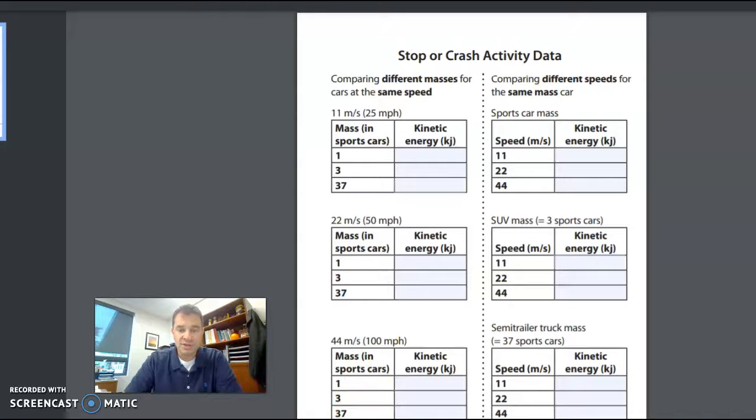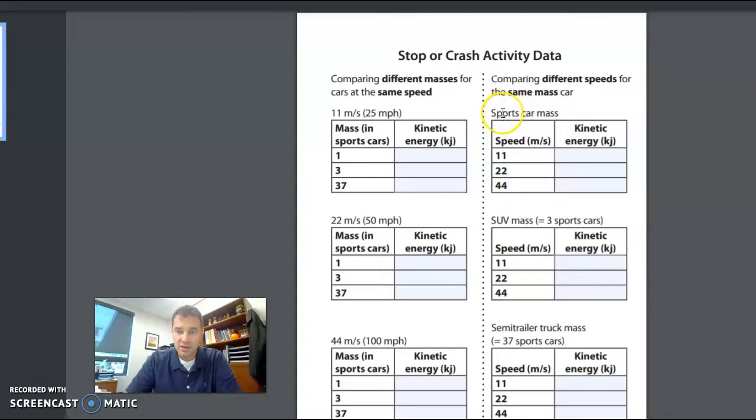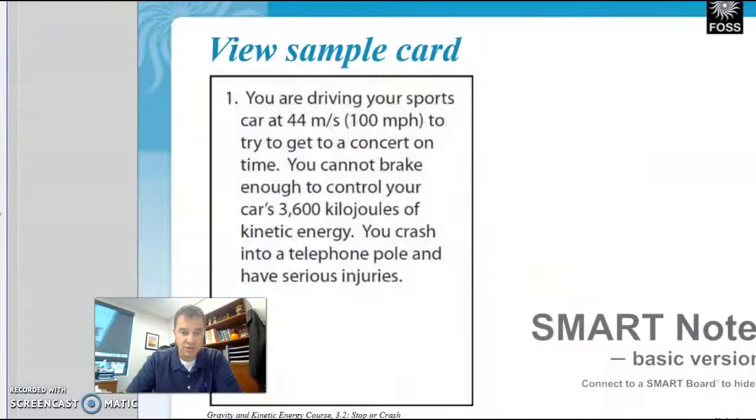Every time we looked at one of these, we could actually fill in the data in 2 different spots. In this case, it was going 44 meters per second, and we're driving a sports car. So here's the sports car section going 44 meters per second. The data that I get there, I would put in this bottom row, which is how many joules was that? 3,600 kilojoules.